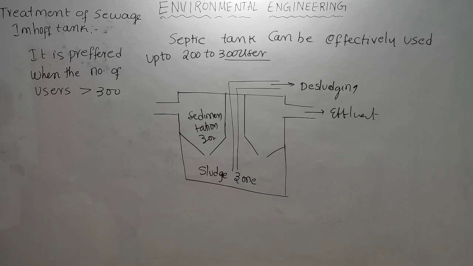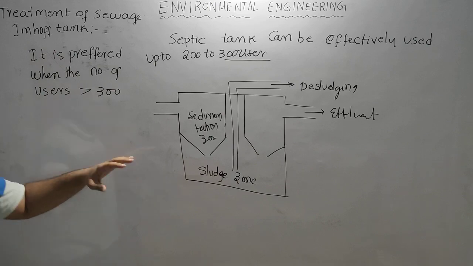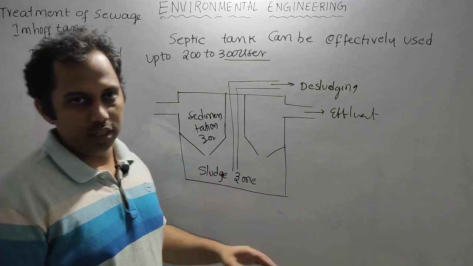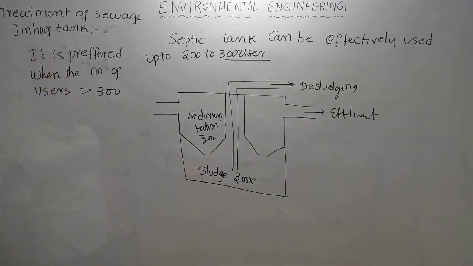Here, designing of the Imhoff tank is not necessary. Only the difference between the Imhoff tank and the septic tank needs to be understood clearly. In an Imhoff tank, we have two compartments. The upper compartment is for sedimentation and the lower compartment is for sludge digestion. So this is about the Imhoff tank.